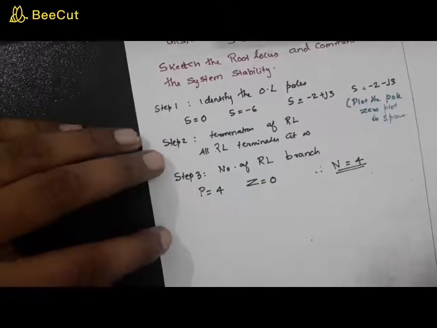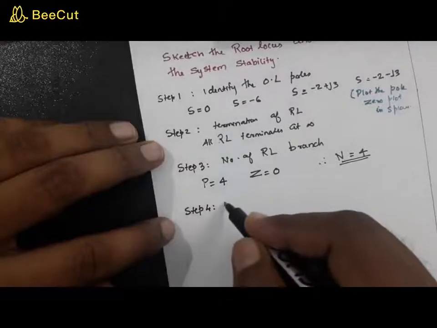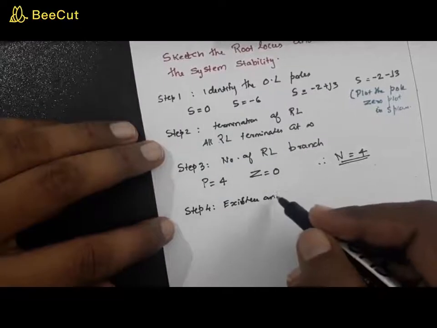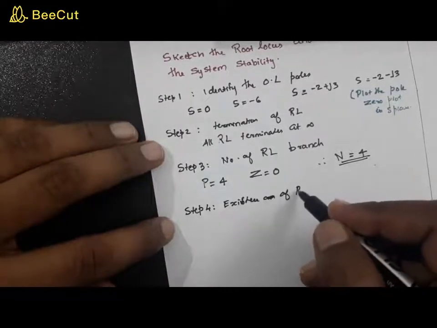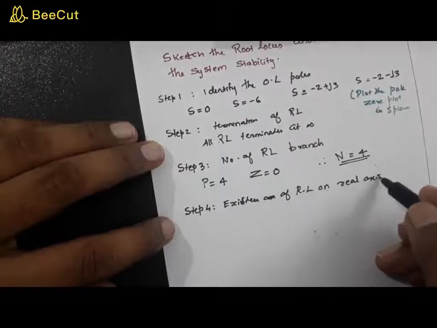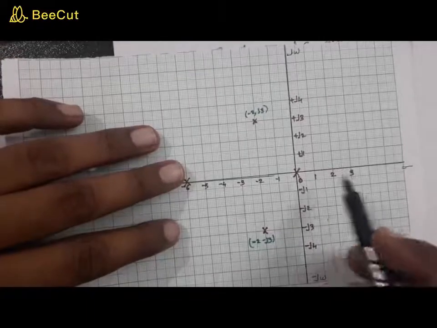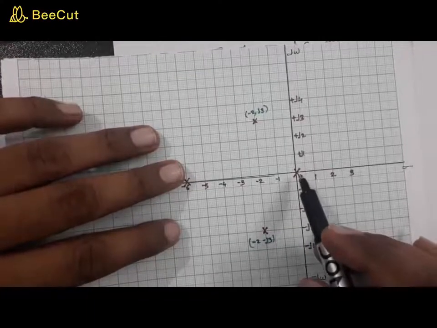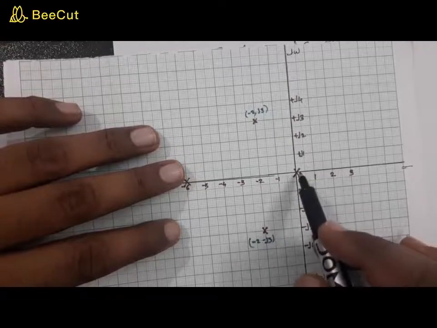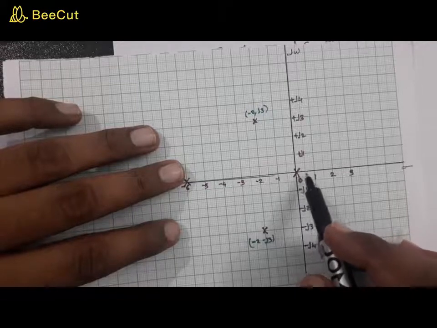Next, step 4 is about the existence of the root locus on the real axis. Again, coming to this graph, along the real axis, towards the right of the pole s is equal to 0, there is no root locus.